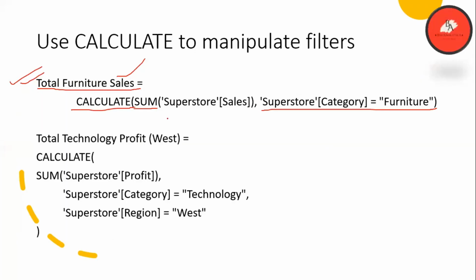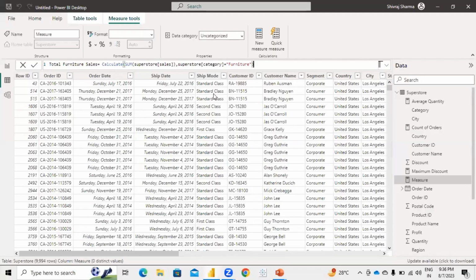We can see over here clearly that this particular sum is one part, where the sum of Superstore sales will be there, and in the second part you have Superstore category that will be equal to furniture. So it will be filtered out according to that.